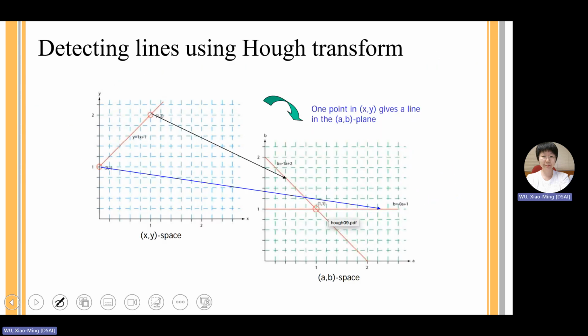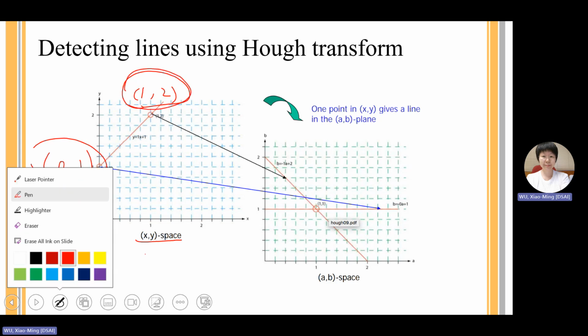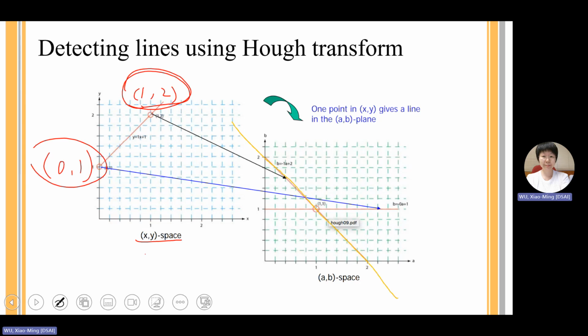Here we have two points in the XY space, 1, 2 and 0, 1. So this point 1, 2 will give a straight line in the AB space, because 1, 2 determines the slope and the intercept of the straight line in the AB space.